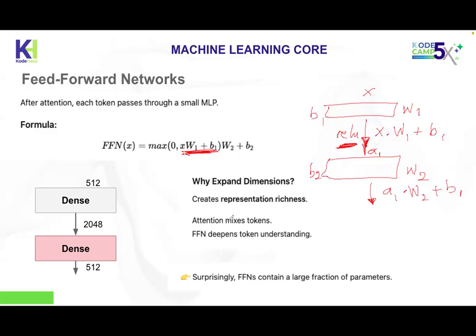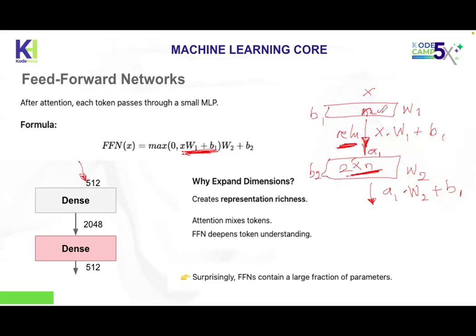Two linear layers. But the most interesting thing about the feed-forward network is that the number of neurons in this layer is typically twice the number of neurons in the other.